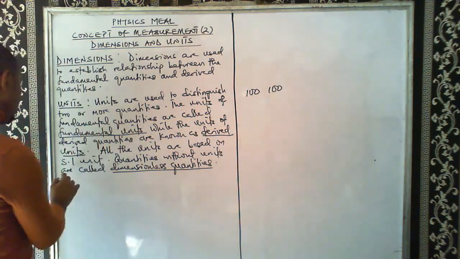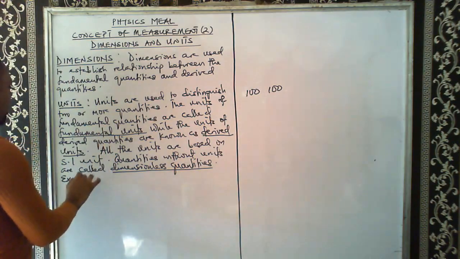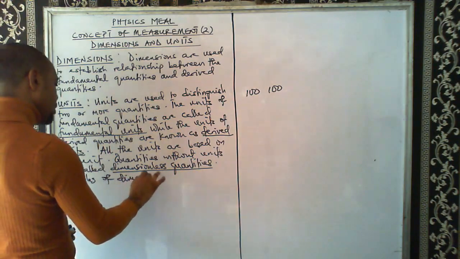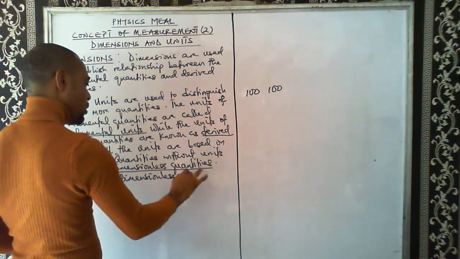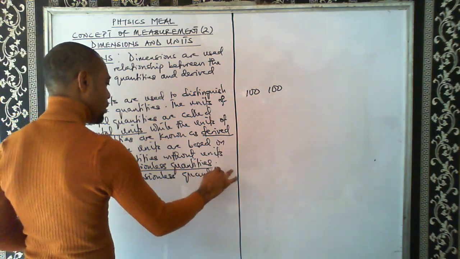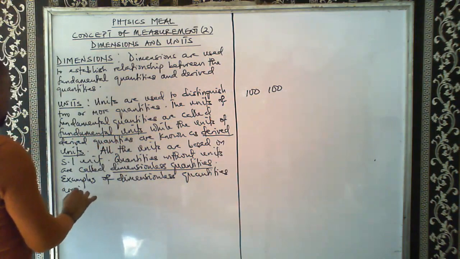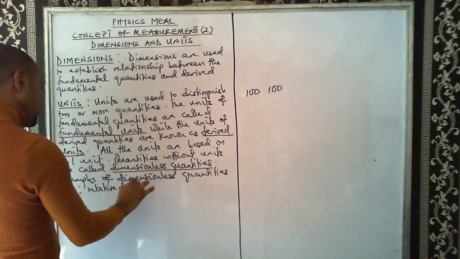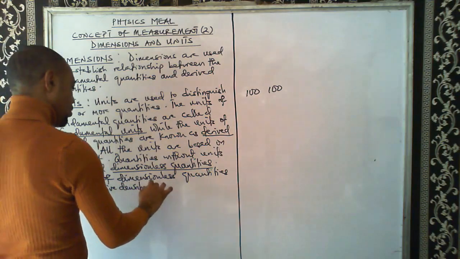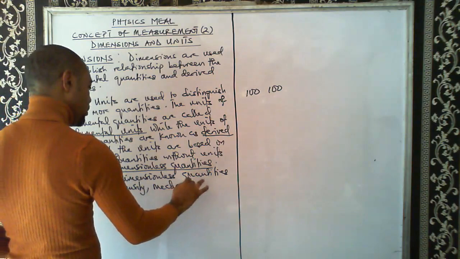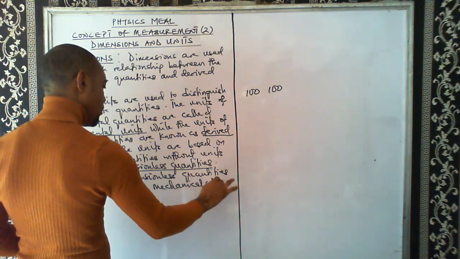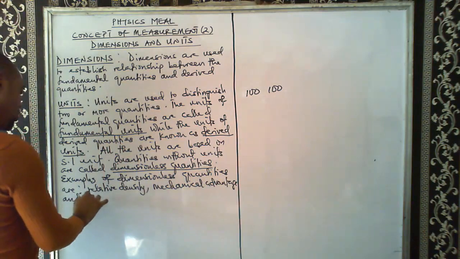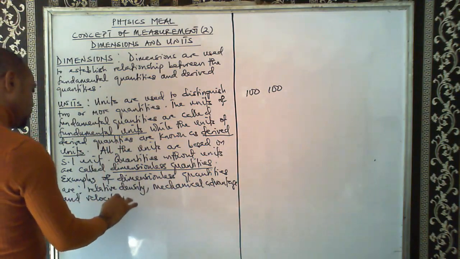Examples of dimensionless quantities. I'll just give three. We have relative density, we have mechanical advantage of a machine, and we have velocity ratio of a machine.